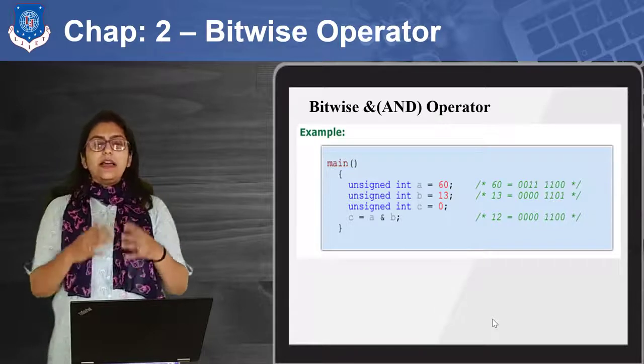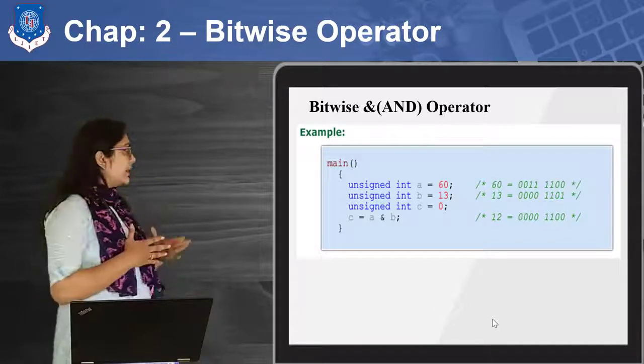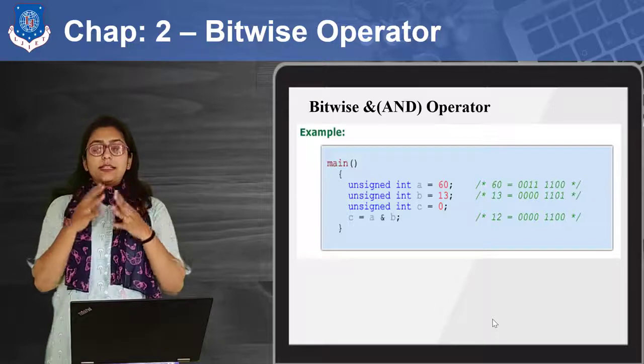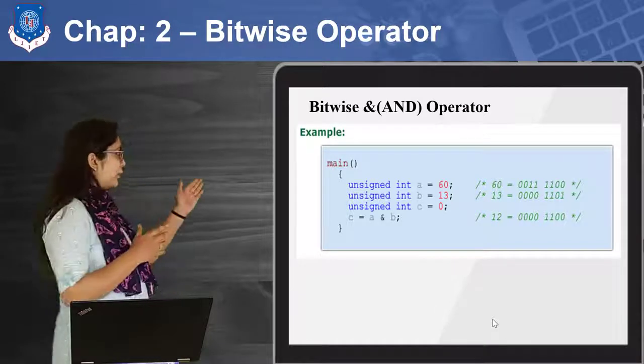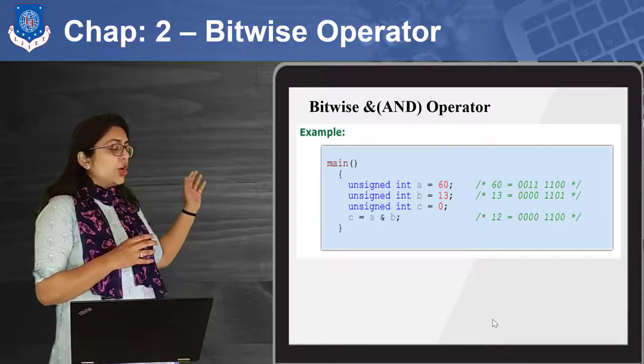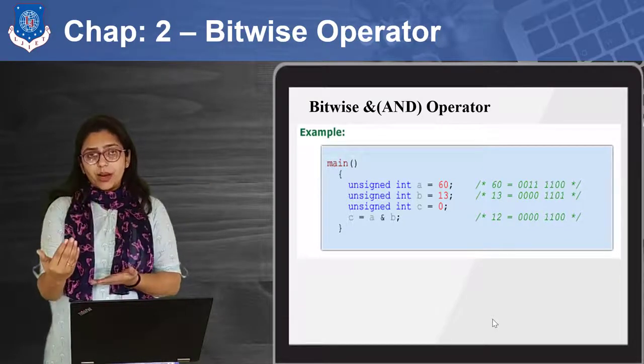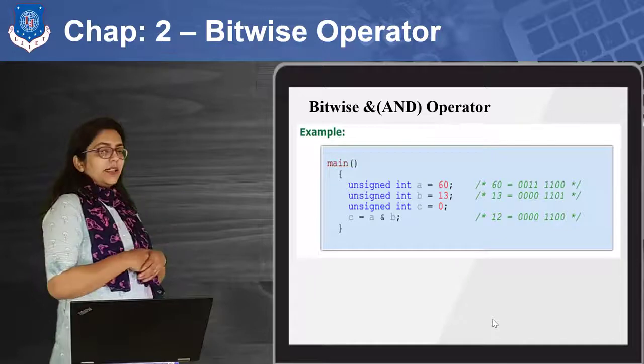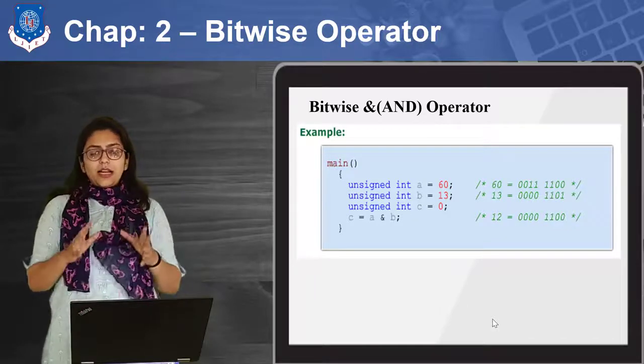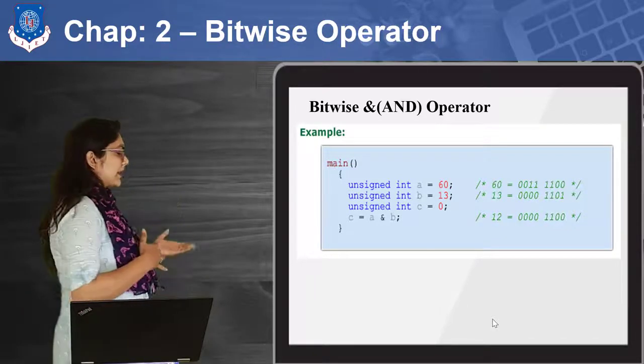Now here I have declared A as 60, but you will see in the comment that 60 can be represented in the form of 8 bits. If you are representing 60 in machine readable language, at that time it will be represented like that. Then I have declared B as 13.